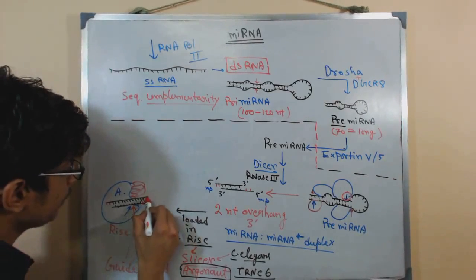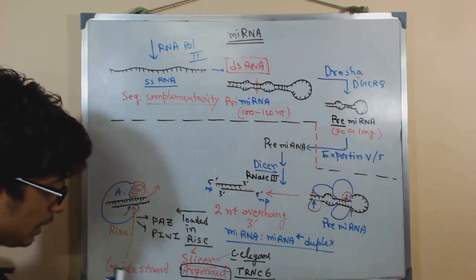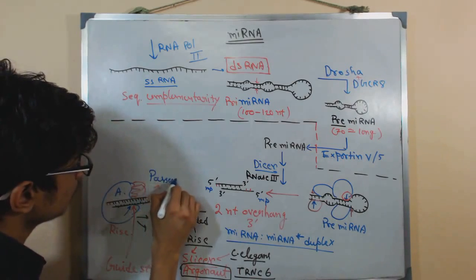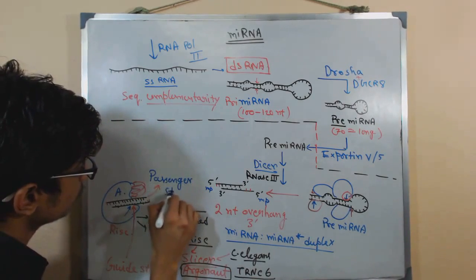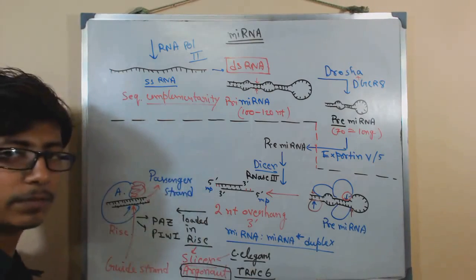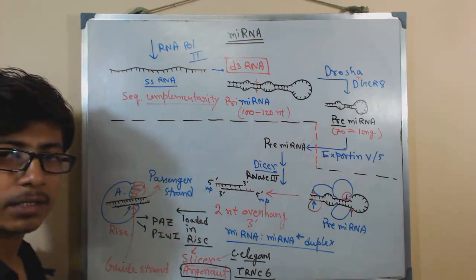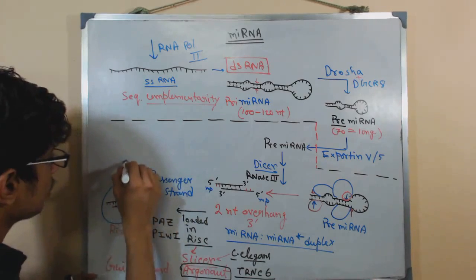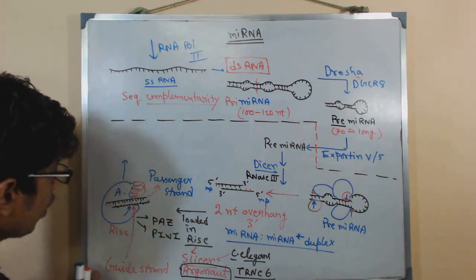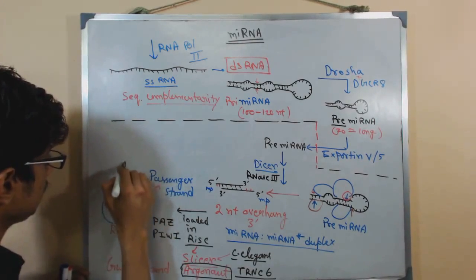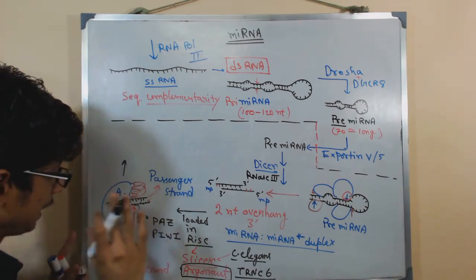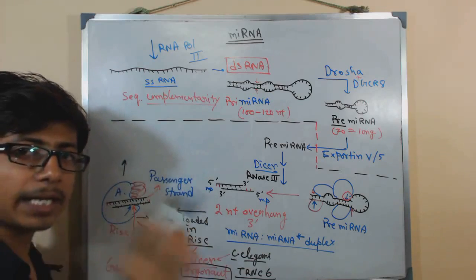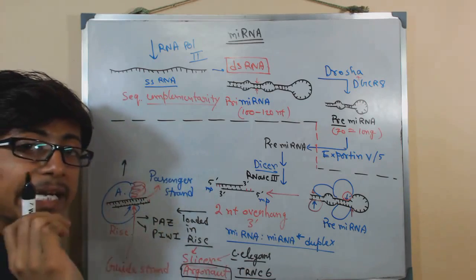The strand which will leave after this process will be termed the passenger strand, because a passenger always leaves the place. So that is the passenger strand. Once it is denoted which strand goes where, that RISC complex along with that guide strand will migrate to the actual target sequence of single-stranded mRNA.